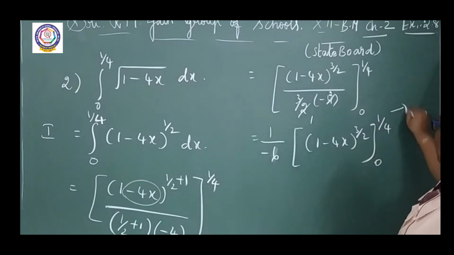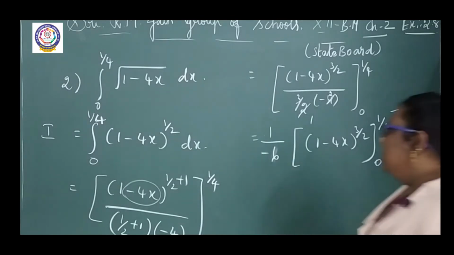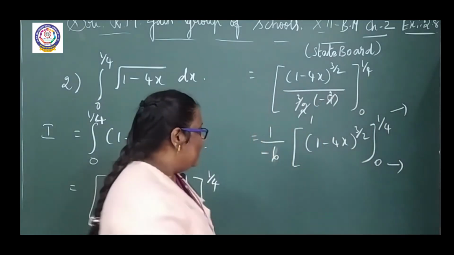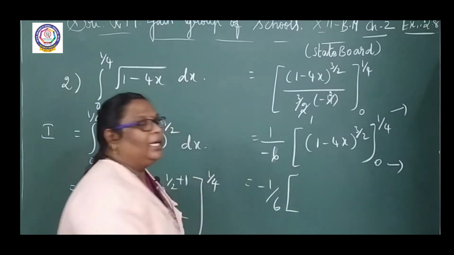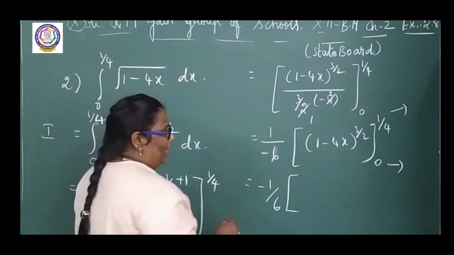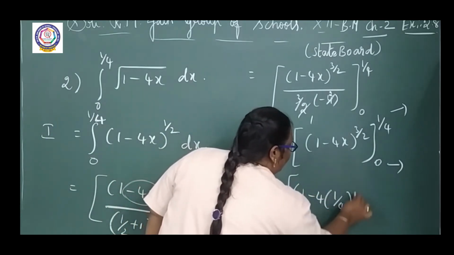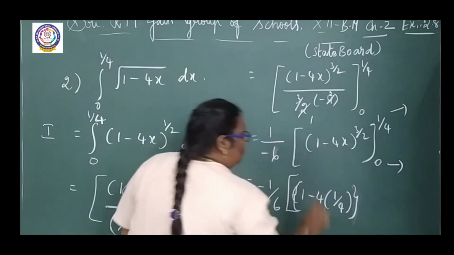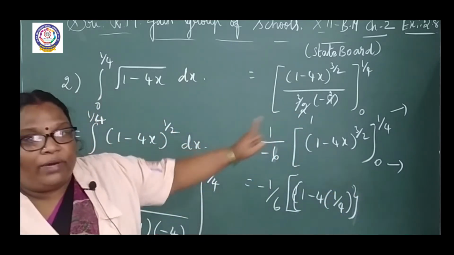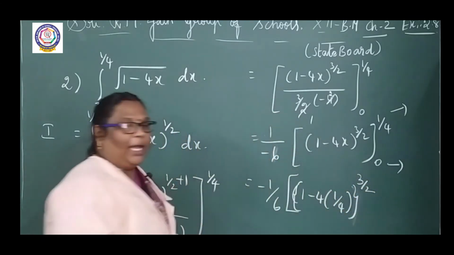This is the upper limit, this is the lower limit. Always substitute upper limit minus lower limit. Minus 1 by 6 into, substitute the upper limit: 1 minus 4 into 1 by 4, whole power 3 by 2.